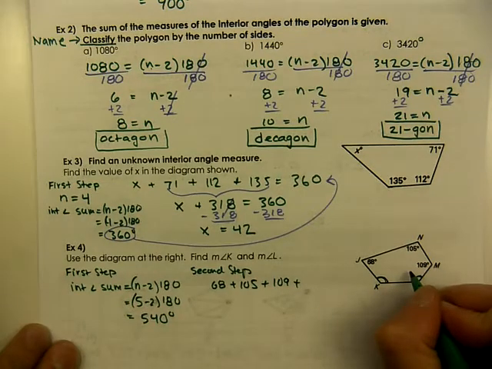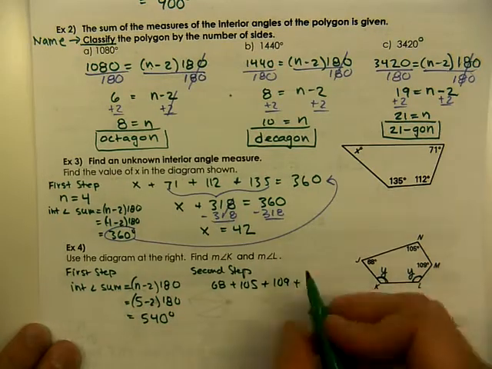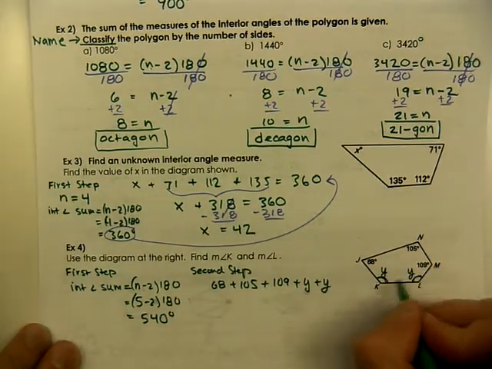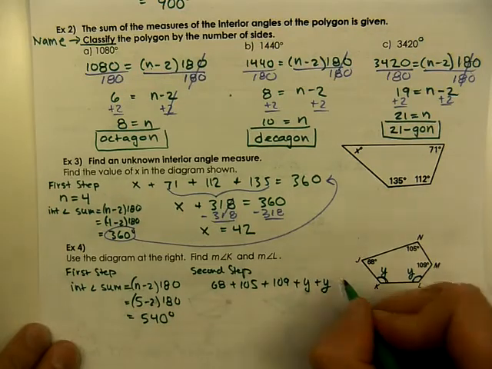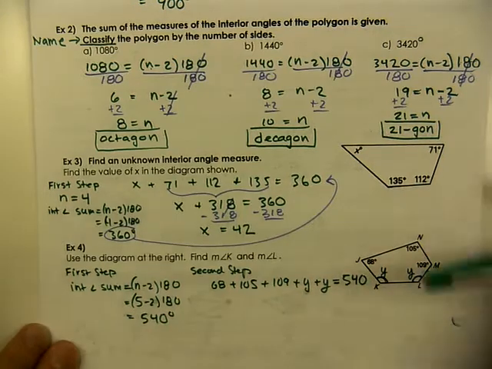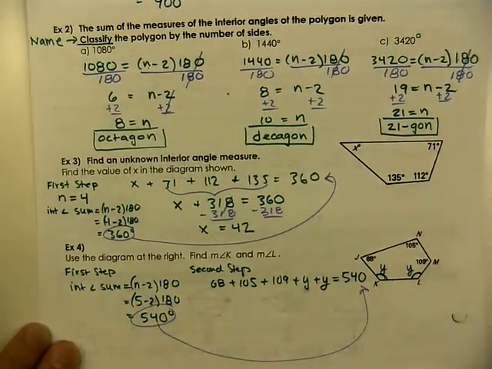So whatever variable we pick, they should both have the same variable. So I'm just selecting y. Y plus y. So we should have 1, 2, 3, 4, 5 angles. I just counted to make sure I didn't leave any out. And the 540 that we had from the previous step, there it is. That's what we add up our 5 angles to.